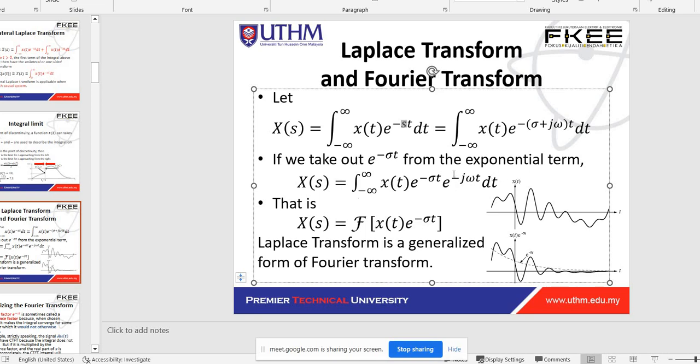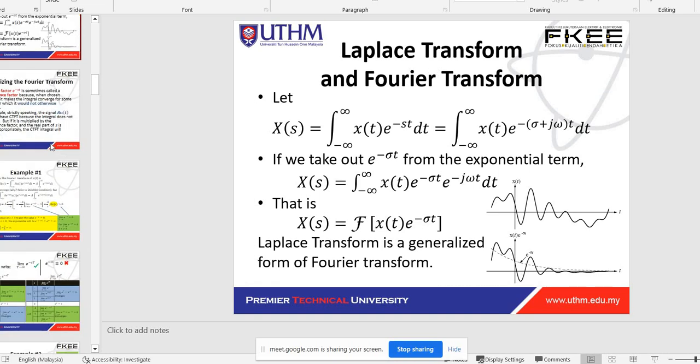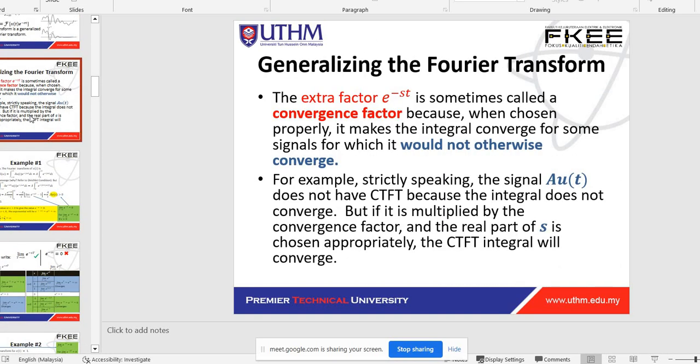So X(s) is the Fourier transform of this. This means the Laplace transform is actually generalized from the Fourier transform. It's interrelated. Generalizing the Fourier transform, the extra factor of e to the negative sigma t is called the convergence factor. Okay, let's look at the example.